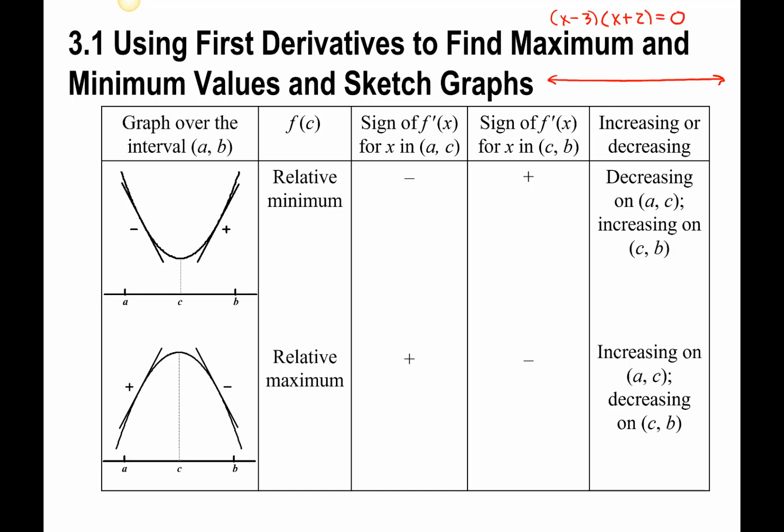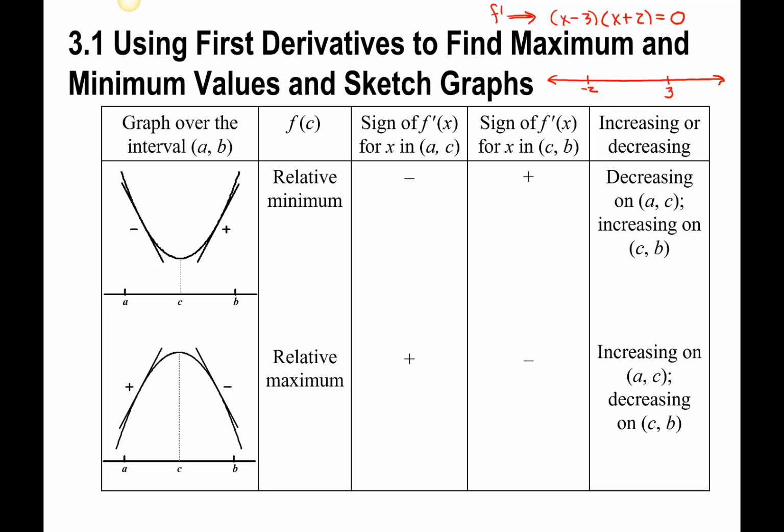I'm just making something up there in the upper right hand corner, just to use as an example. So if this is our derivative, okay, we don't know what the original function is at this point. I've just made something up, but there's our derivative. This gives us zeros at x equals negative 2 and at positive 3. Does that make sense to everybody?